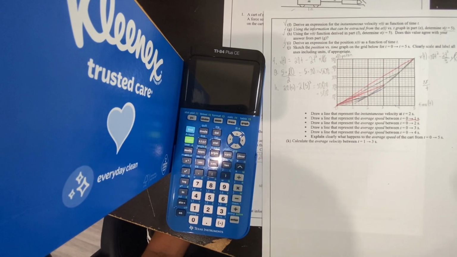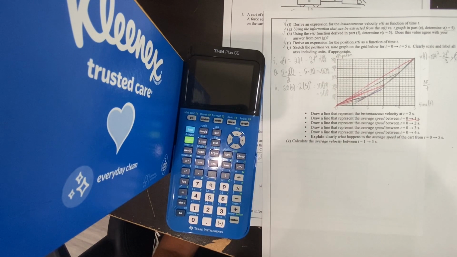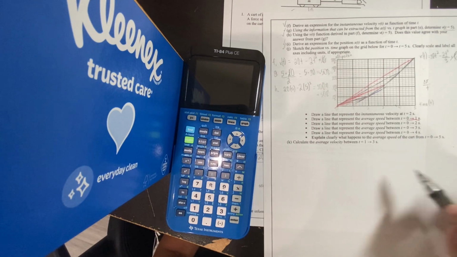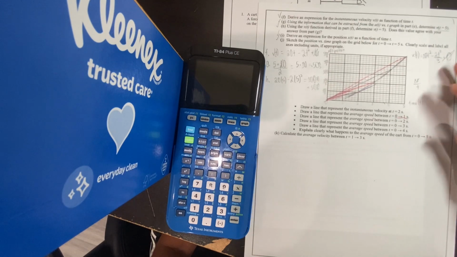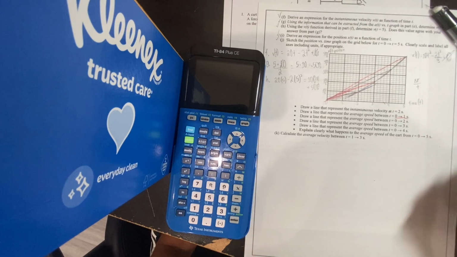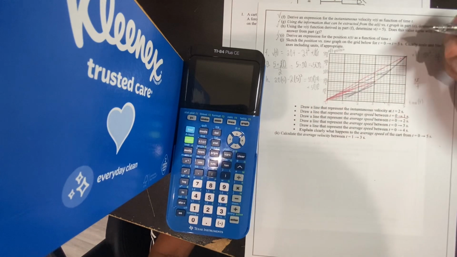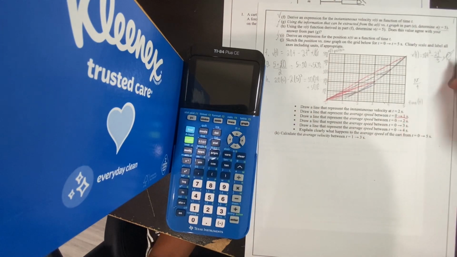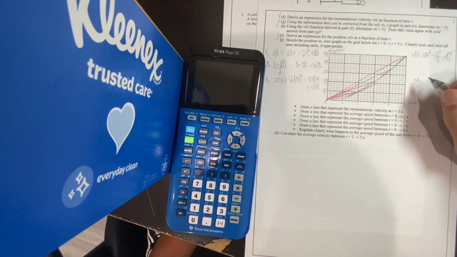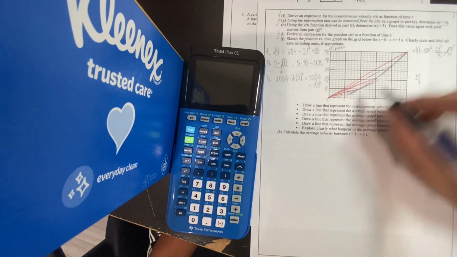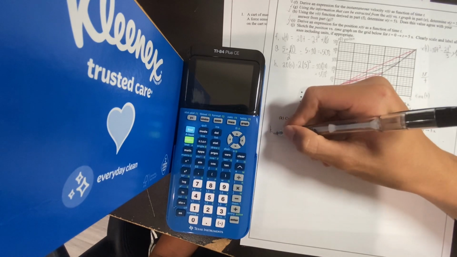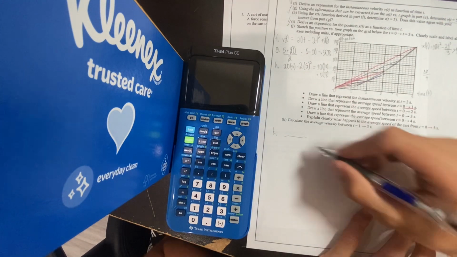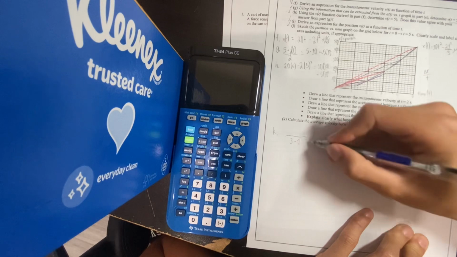Okay, now calculate the average velocity between 1 and 3. Well, average velocity is delta x over delta t, basically. So from 1 to 3, we can set up the equation. It's going to be 3 minus 1 for the time.